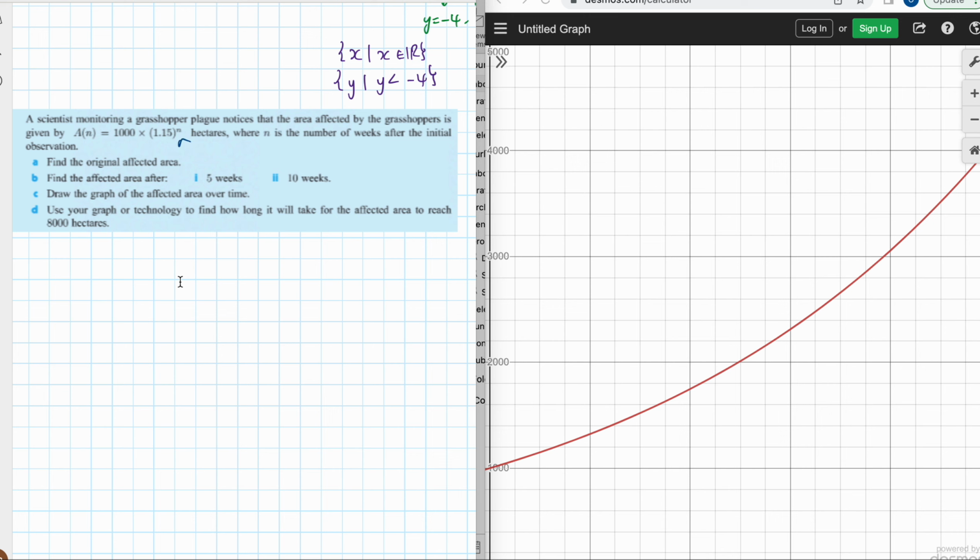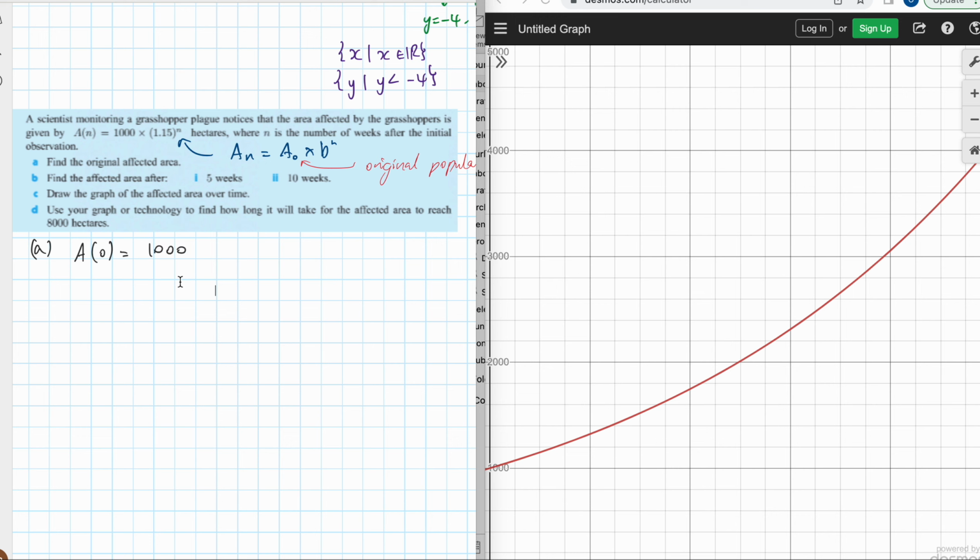So a_n is equal to a_0 times r, there's so many letters you can use here, b to the n or whatever. Now, a_0, when it's in this form, is our original population. Okay. So that's the first question. Can you find the original affected area? Now, if you don't believe me, you can sub in 0.